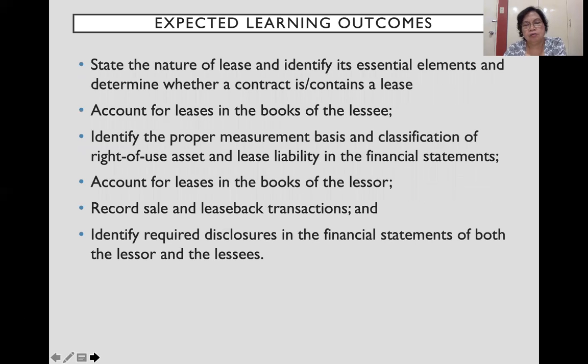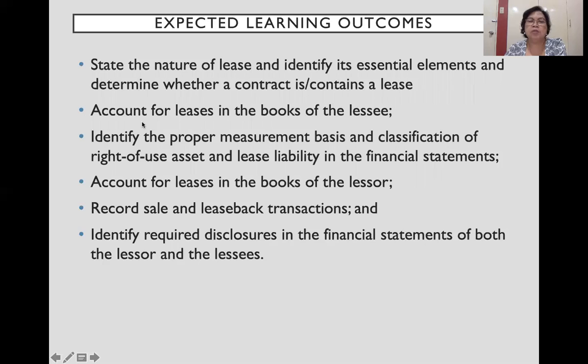Okay, so completing therefore all the modules, all the 3 videos relating to the lease. At this time, you should be able already to state the nature of lease, identify its essential elements, and based on these identified elements, you can already decide whether the contract is a lease or whether the contract contains a lease.